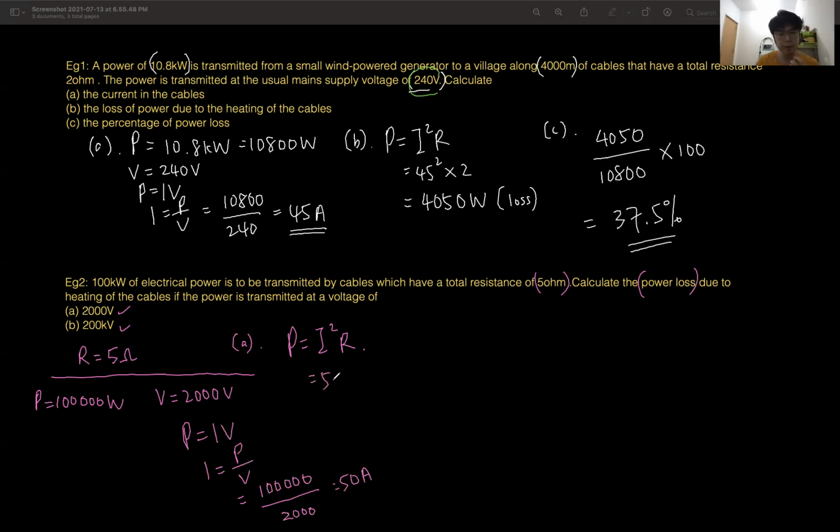Then 50 square into 5 ohm, 12500 watt. Okay, power loss 12500.